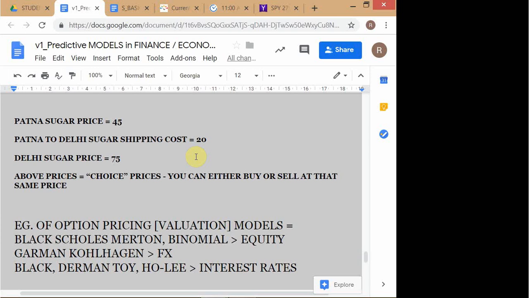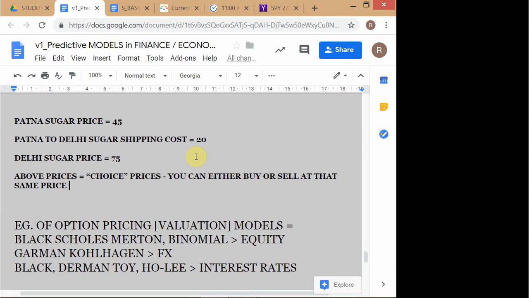So when a market maker quotes you, suppose you're asking for dollar Swiss and 20, instead of quoting 17.27, he quotes 18 choice. 18 choice means whatever the big figure is, at that price you can decide to either sell to him or buy from him. So that's called a choice price.